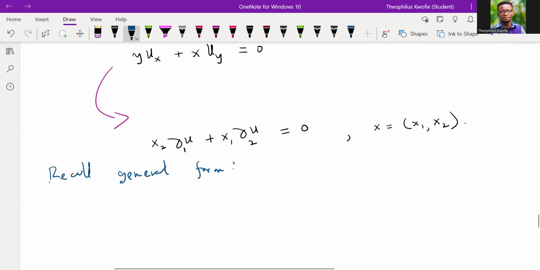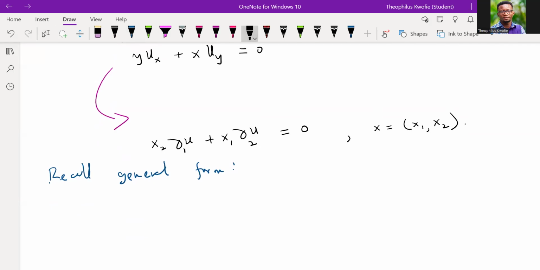So record the general form of a first order PDE. Remember that now we have only two independent variables, x1 and x2.